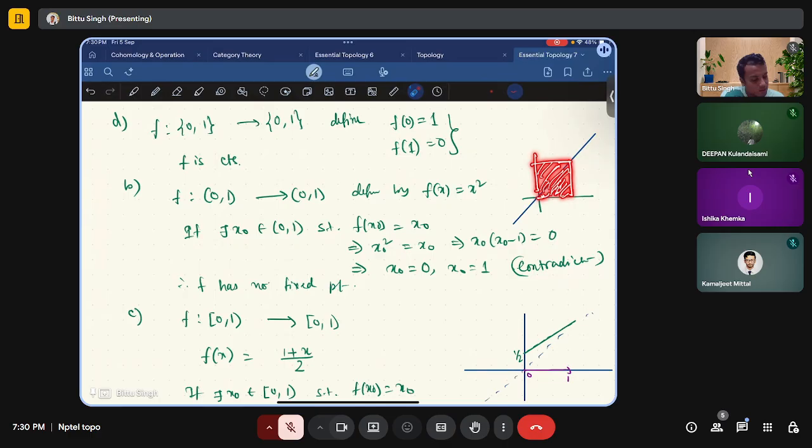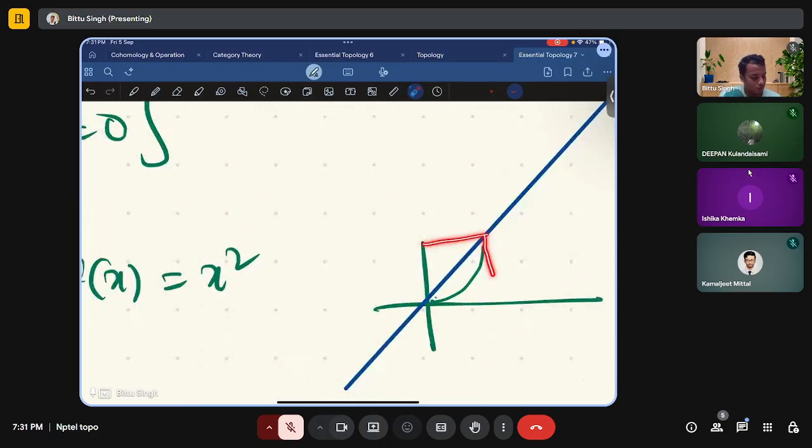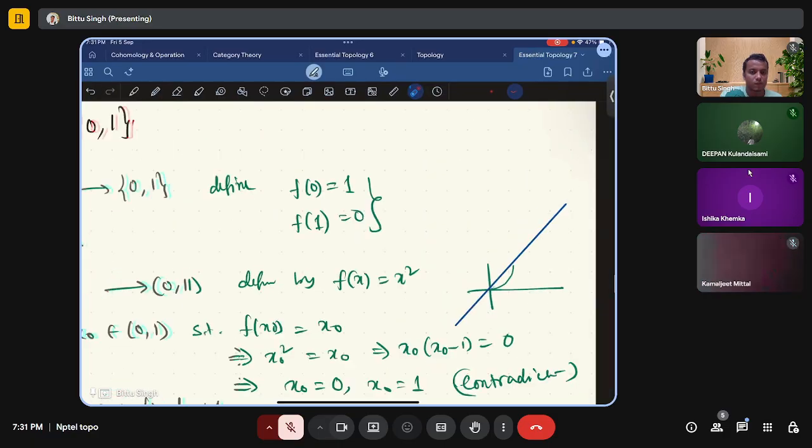So whatever continuous function you choose in between this square, its graph must intersect y equal to x. It cannot lie entirely under or above y equal to x. This is not possible. It should be clear from the graph that whatever function you choose, it must cross y equal to x. Okay.